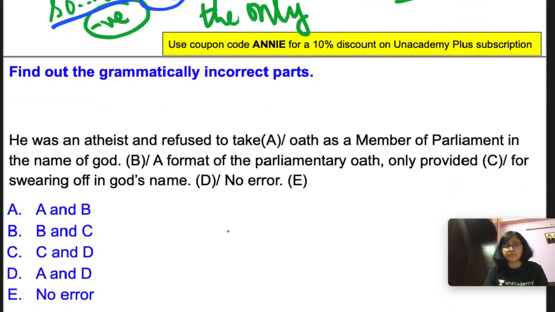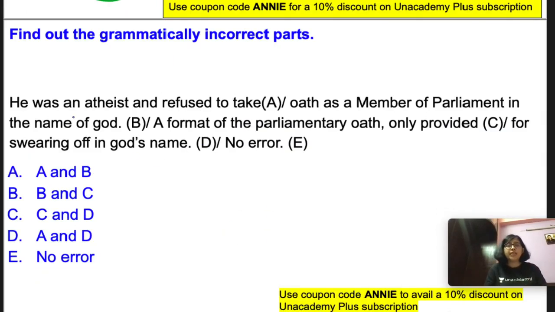Next question is, he was an atheist and refused to take oath as a member of parliament in the name of God. A format of the parliamentary oath only provided for swearing off in God's name. He was an atheist. So "atheist" is a singular noun, and "an" plus singular noun is correct, because after "a" and "an" we always use singular nouns.